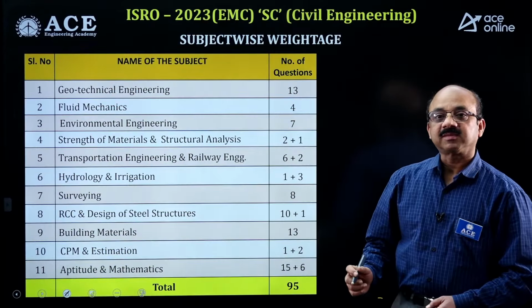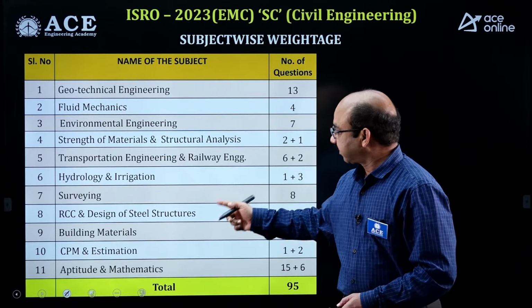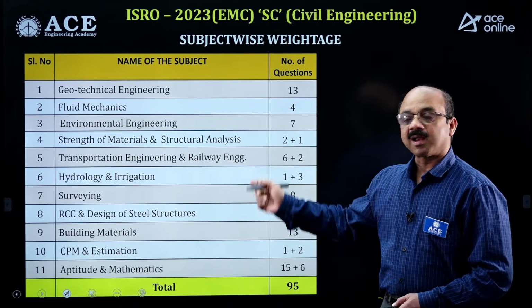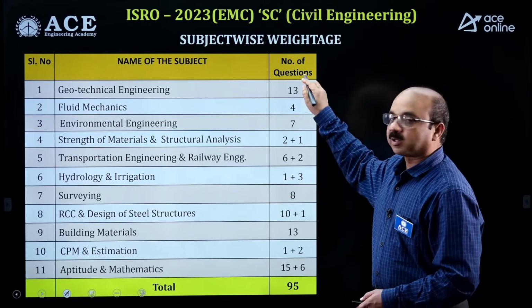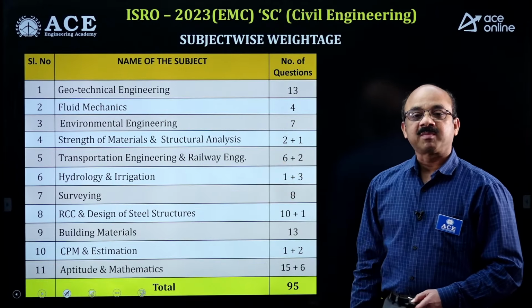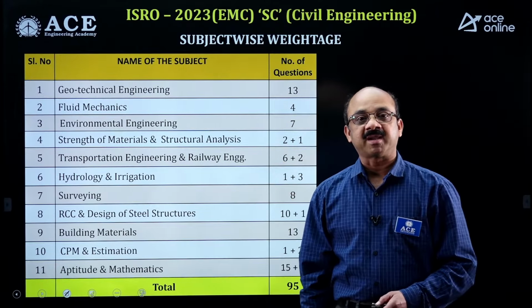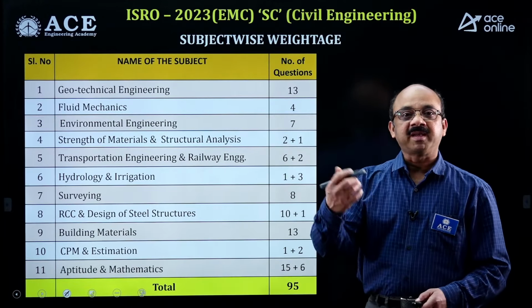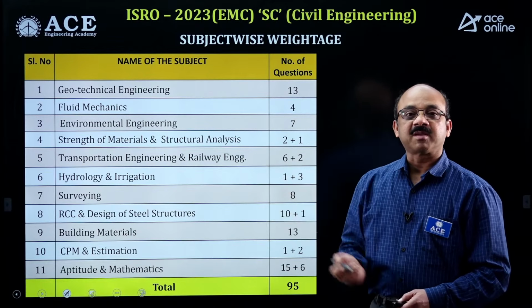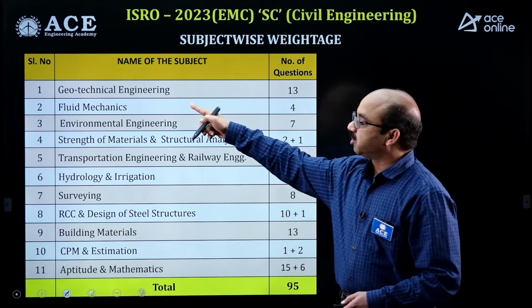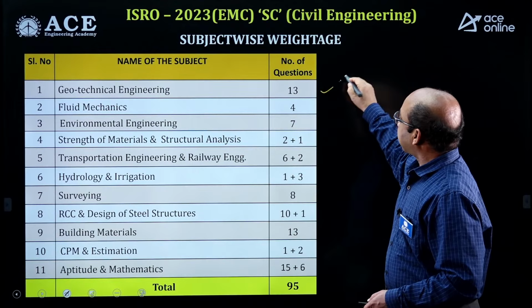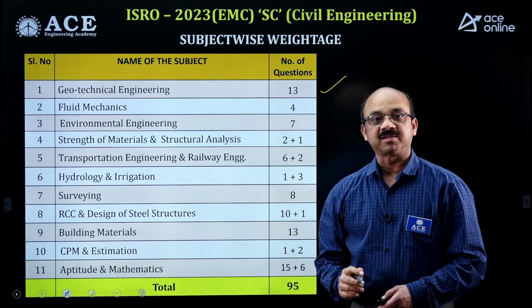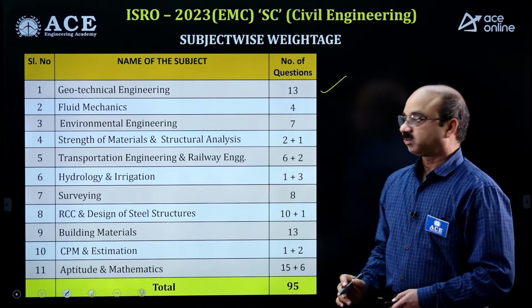You can see here the various subjects along with the number of questions that were given in this ISRO examination for the scientist C cadre jobs. So as you see here, like in any other exam, in this ISRO examination also, the geotechnical engineering commands the highest weightage of 13 questions, right?